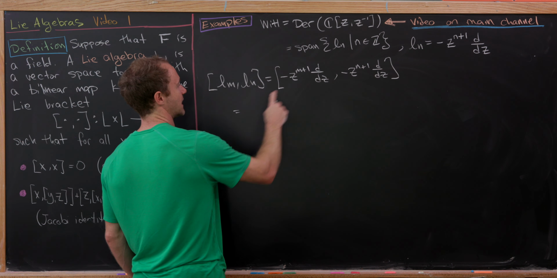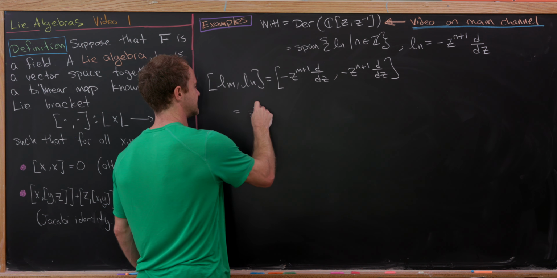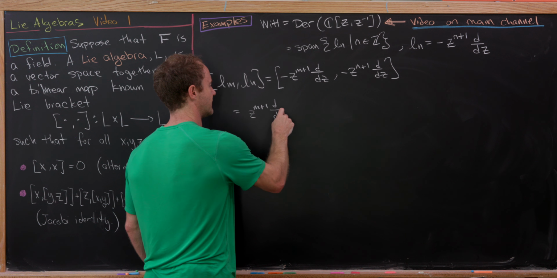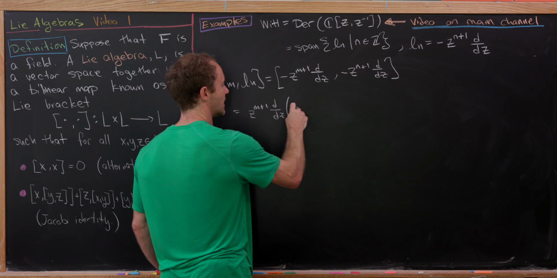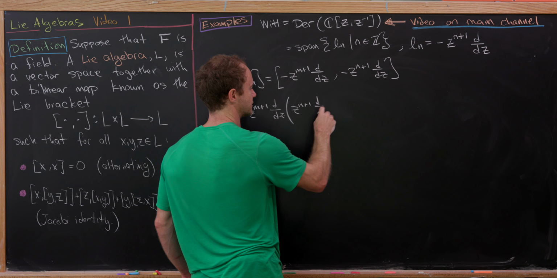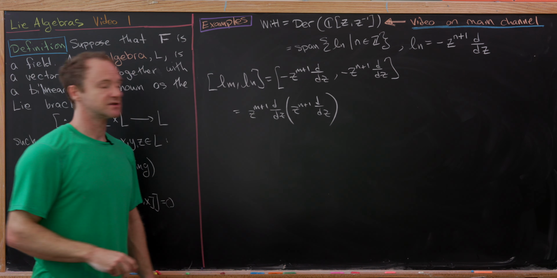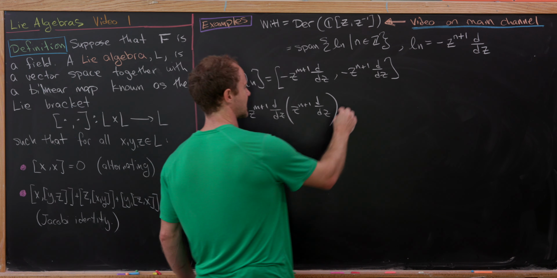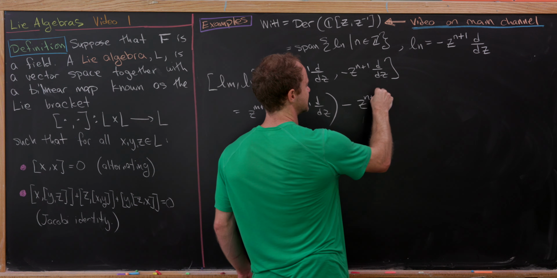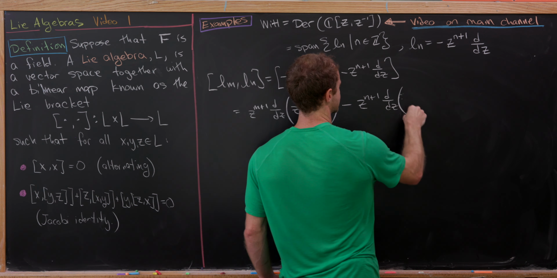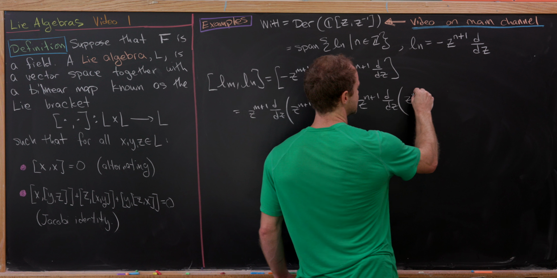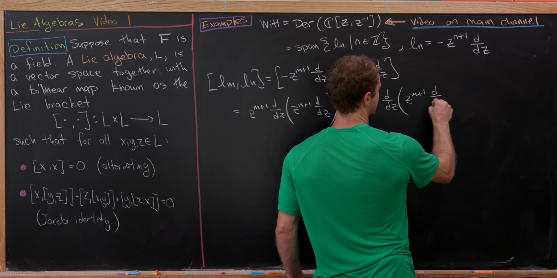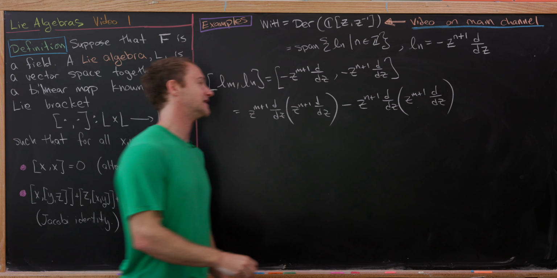The minus signs will cancel, and we'll have z to the m plus 1, the derivative with respect to z of z to the n plus 1 derivative with respect to z. So that's from the first bit. And the second bit will give us minus z to the n plus 1 derivative with respect to z, and then z to the m plus 1 derivative with respect to z.